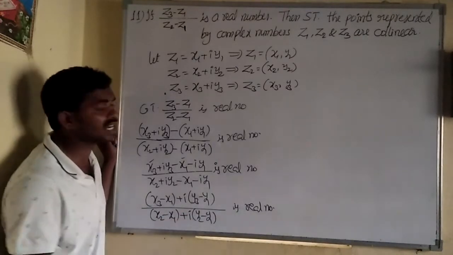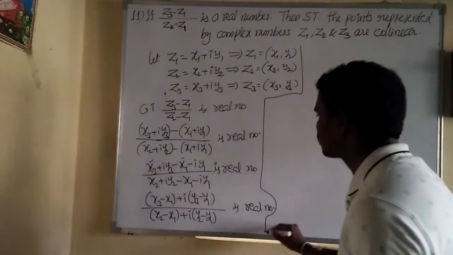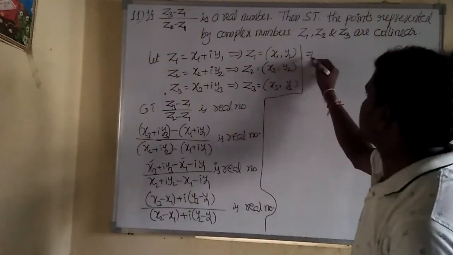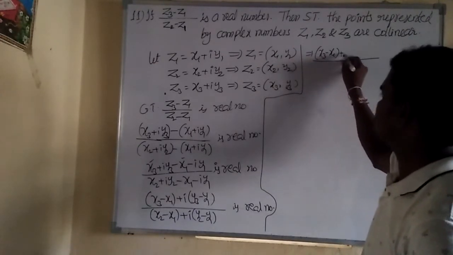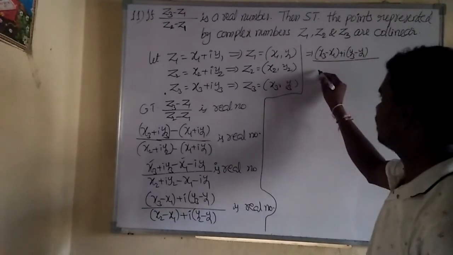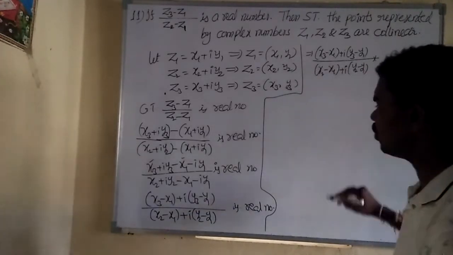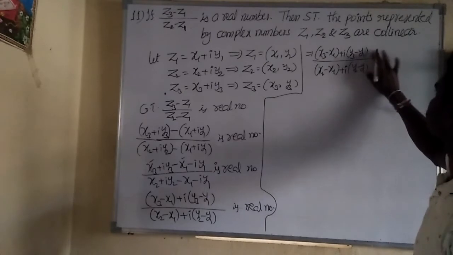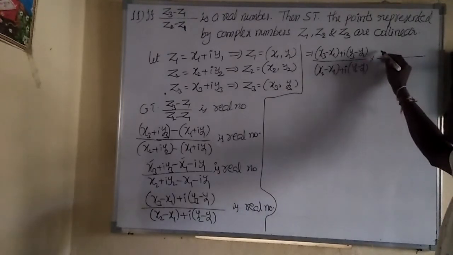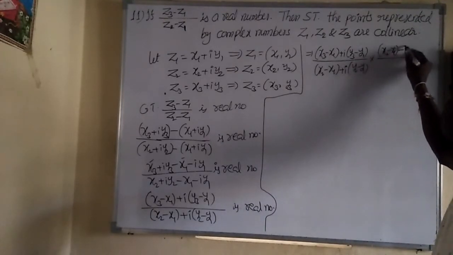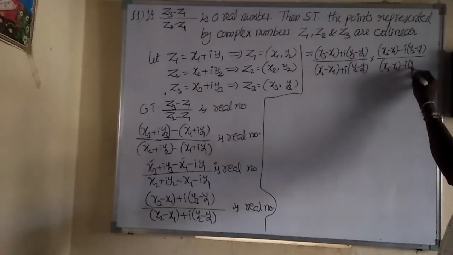So what next? See here, the denominator is a complex number. If it is a complex number, immediately we can rationalize. Very good. So how can we rationalize? (x3 minus x1) plus i into (y3 minus y1), by (x2 minus x1) plus i into (y2 minus y1), into, here the denominator has a plus, so rationalizing with negative: (x2 minus x1) minus i into (y2 minus y1), by (x2 minus x1) minus i into (y2 minus y1).